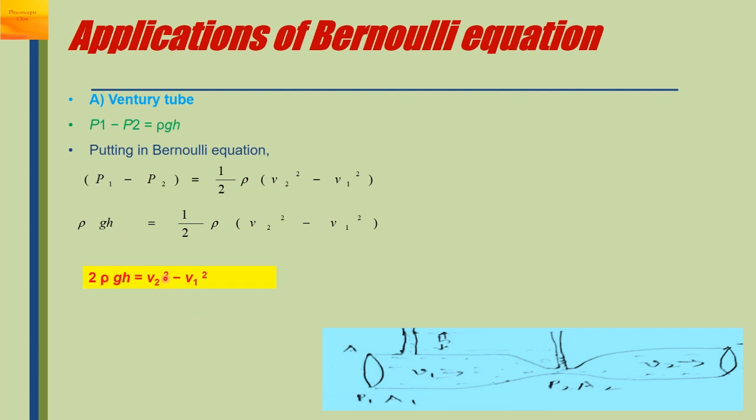And now rho will get cancelled out, and you can take the 2 to the other side, so that would be 2 g h is equal to V2 square minus V1 square. So we have derived this formula. From this formula we can know the rate of flow of the liquid past a cross section.